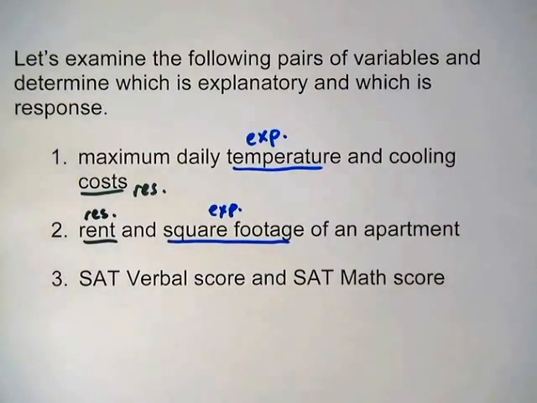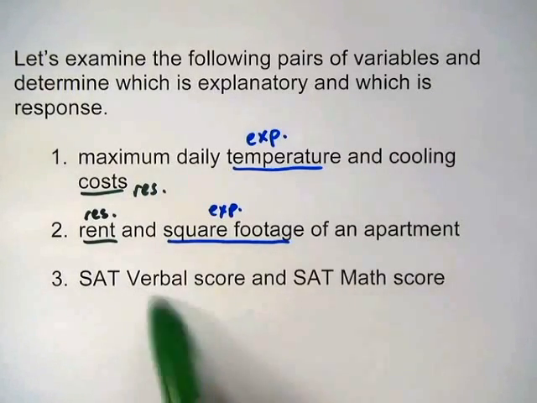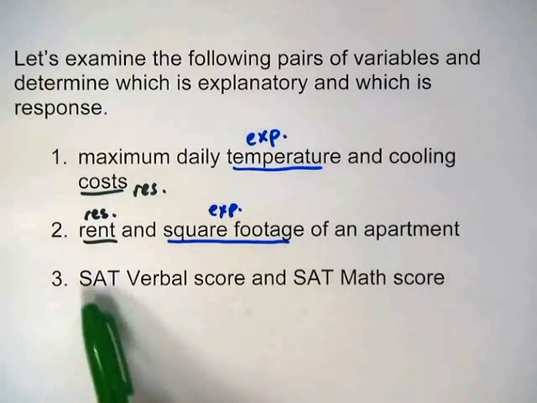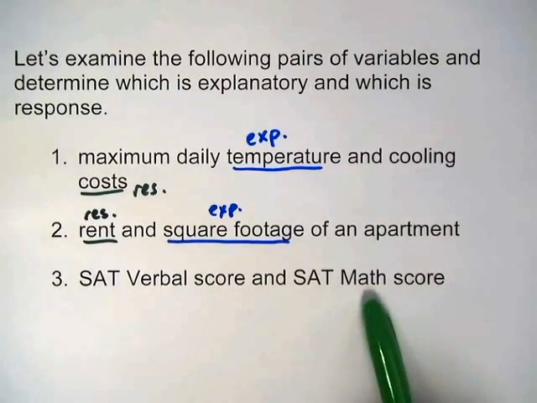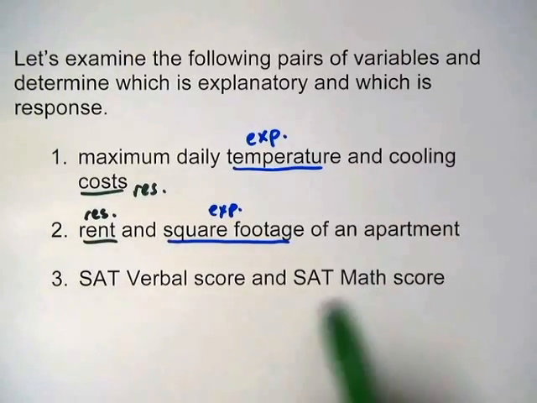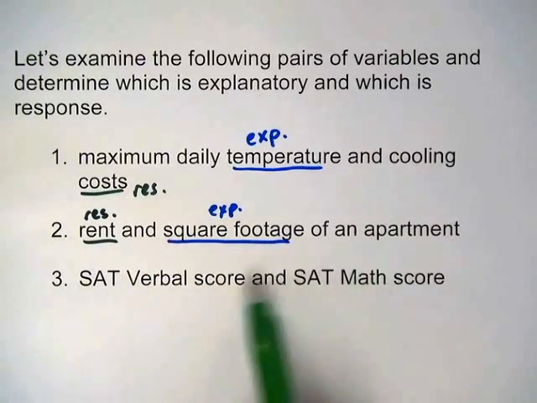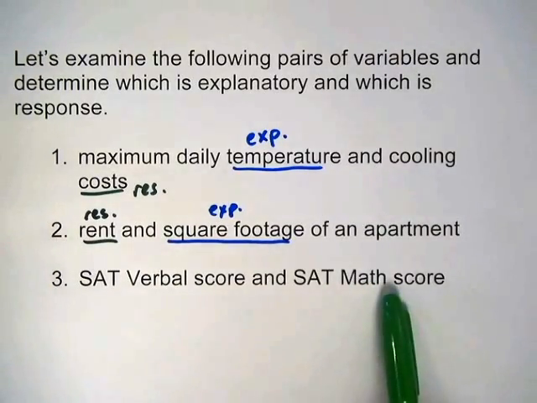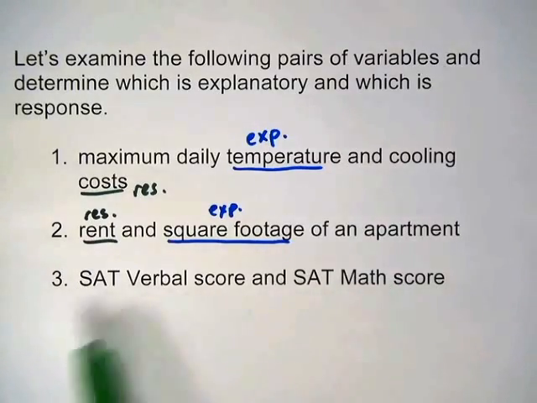Okay, and now the last pair, SAT verbal score and SAT math score. Now I would say that these are probably somewhat associated. Generally somebody that does well on the verbal might also do well on the math. But I don't know if one will cause a change in the other. So in this case, let's just say unknown.